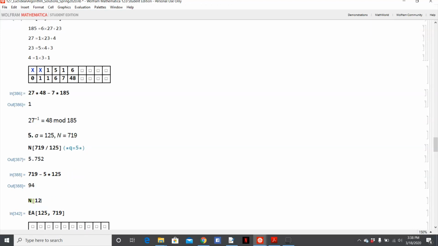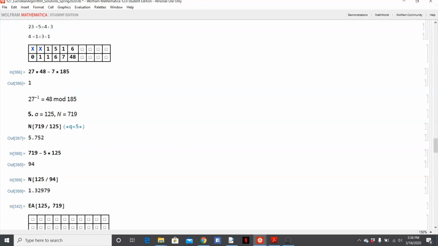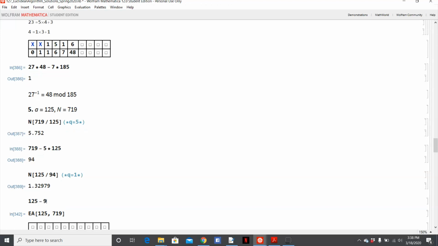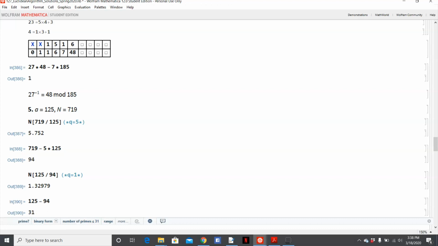Okay, so I'm going to take that and divide it into 125, and I get 1.3. So my quotient is 1. All right, so to find my new remainder, I take 125 and subtract 94.